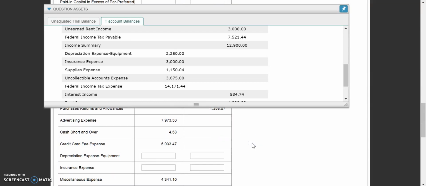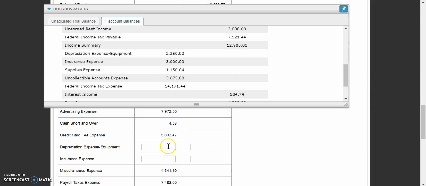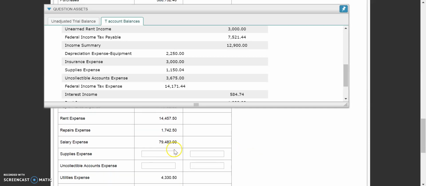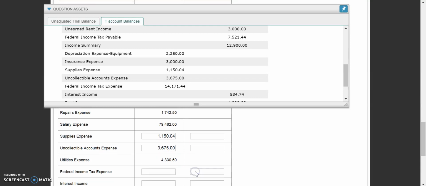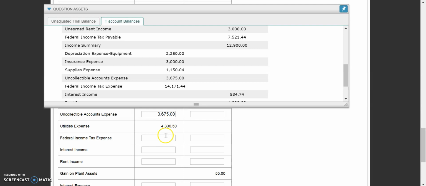And then we get into our expenses. So we have depreciation expense and insurance expense and supplies expense and uncollectible accounts expense and federal income tax expense.